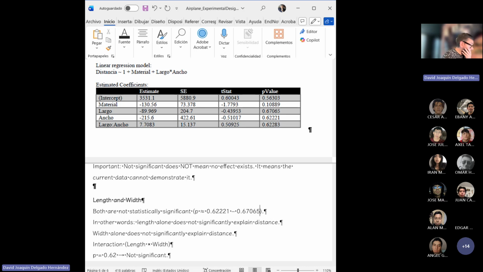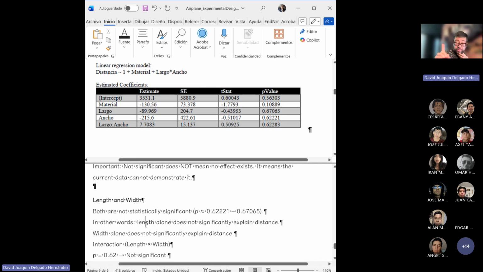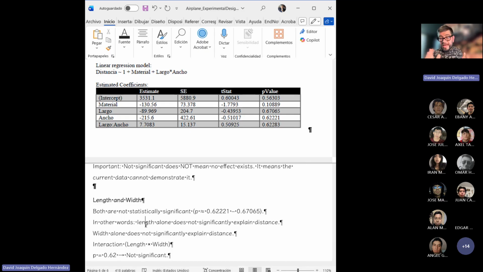Okay. So this means that the length alone does not significantly explain distance. I cannot predict the distance in this experiment that we carried out in the classroom just by having the length. It doesn't matter if it is a short airplane, it doesn't matter if it is a long airplane. I cannot predict the distance from this experiment, okay?